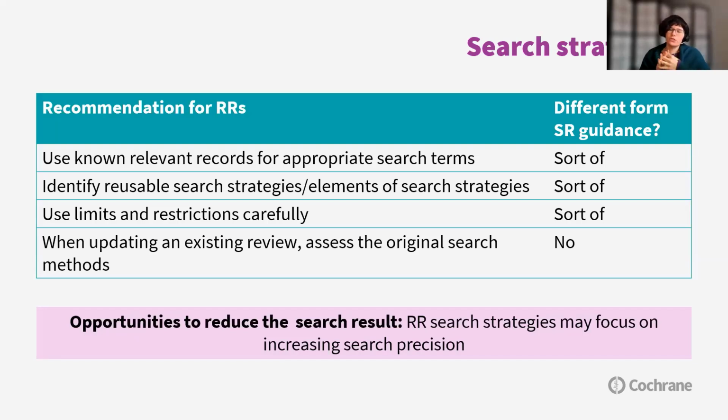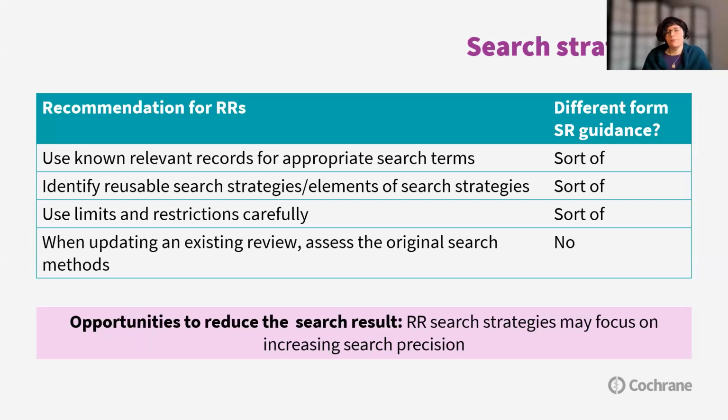Rapid review search strategies may focus on increasing the precision and accept that most, but not all, relevant studies might be found. I will come back to this concept of sensitivity and precision in a moment, although at least half of you are information specialists and probably do not need the reminder of what this means.